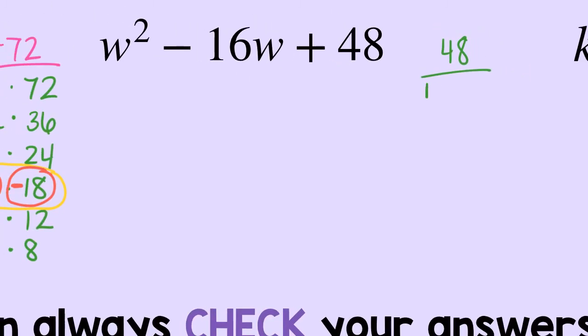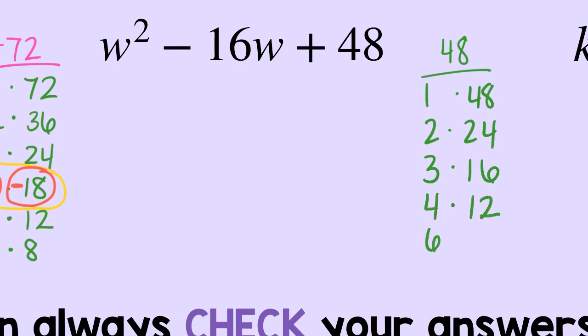So 48, 1 times 48, 2 times 24, 3 times 16, 4 times 12, 6 times 8. Now we could stop because remember we're trying to get to -16 and I see a set of numbers that would get me to -16. So these two right here, 4 and 12, if you put those together, that equals 16, right?